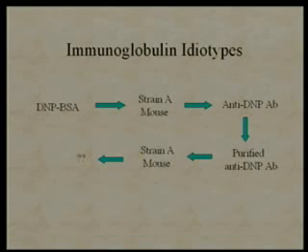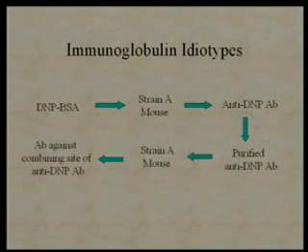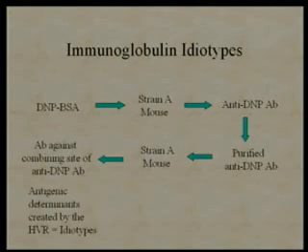It's a particular set of hypervariable regions that create the combining site. So the combining site of this antibody is different. This mouse would see that combining site and make antibodies against the combining site of the anti-DMP antibodies. Well, what makes up the combining site? The hypervariable regions, right? So it's the antigenic determinants that are created by the hypervariable regions of the immunoglobulins that are called the idiotypes. Okay?